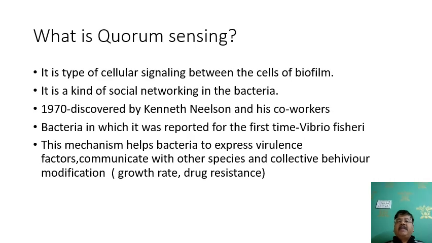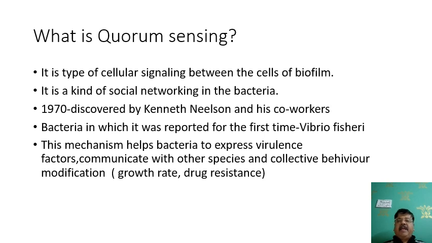So what is quorum sensing? There is a new word arising here. It is a type of cellular signaling between the cells of a biofilm. It is a kind of social networking in bacteria, discovered in 1970 by Kenneth Nielsen and his co-workers. The bacterium in which it was reported for the first time was Vibrio fischeri.